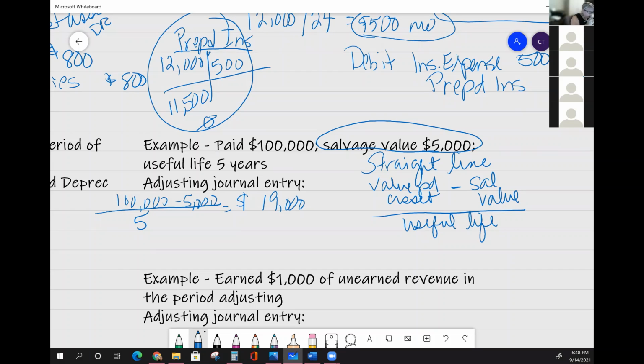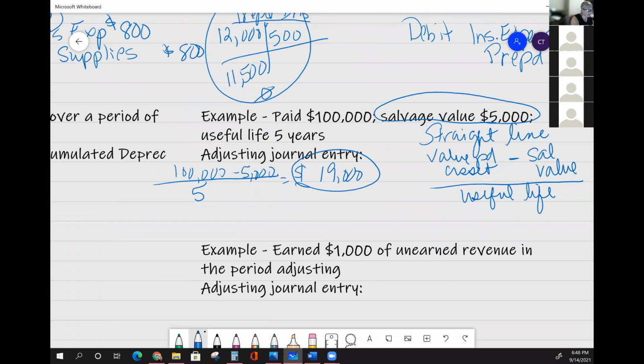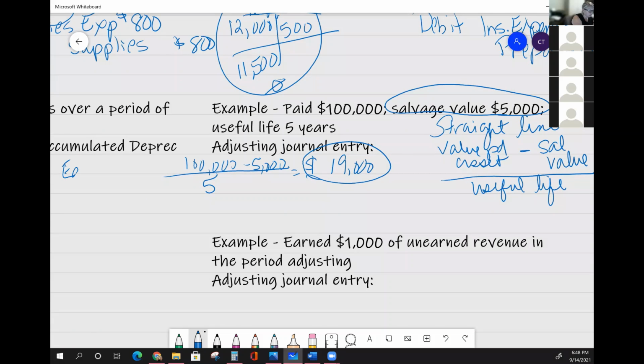So we're going to do a journal entry to recognize the expense for $19,000 for that current year that we use that equipment. So remember, my equipment is sitting on the books with a balance of $16,000. It needs to stay like that. We're not going to ever adjust that once we buy it. It stays just like that.